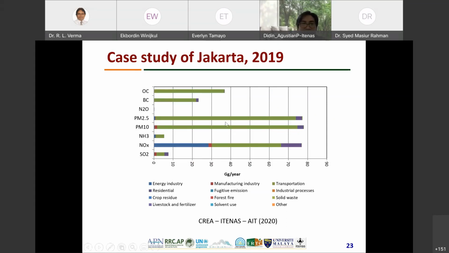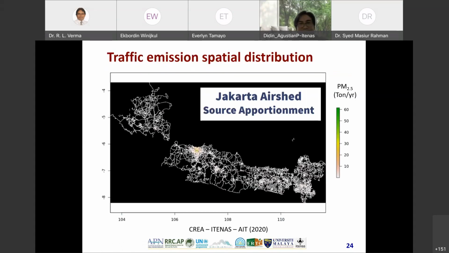So this is also one of the typical emission inventory results for Jakarta, showing the contributions of the different sources included in the inventory to the total emissions of all pollutants.